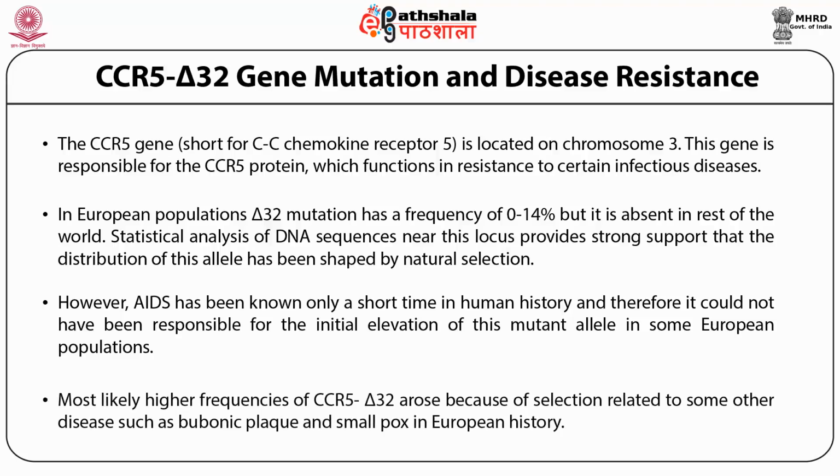Most likely, the higher frequency of CCR5 Delta 32 arose because of selection related to some other disease such as bubonic plague or smallpox in European history.